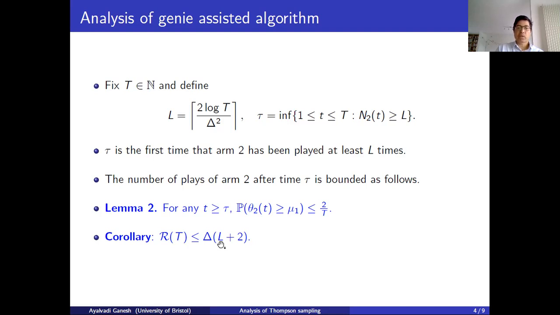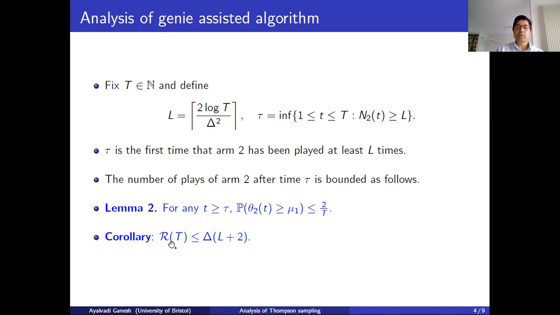Okay. And what happens after time tau? In each time step, there's at most a probability 2 over t of playing it. There are at most t time steps, in fact, t minus tau time steps. So the expected number of times arm 2 is played after time tau is just 2. And the regret delta is incurred each time, so that gives us an extra factor of 2 delta.